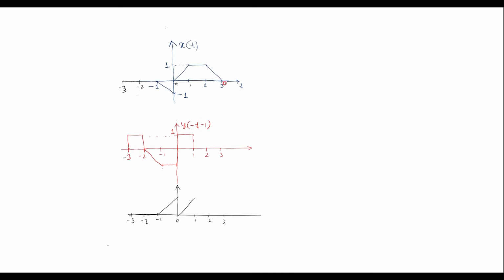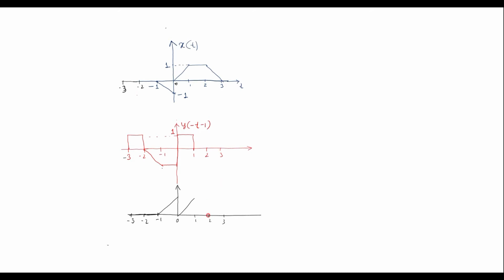Now from 1 to 3, 1 to 2, there is a step signal here. Here 1 to 2, the value is 0. When this signal is multiplied with 1 to 2, here it is 0, the resulting signal will be 0. Similarly, in between 2 to 3, there is a ramp signal. Here in between 2 to 3, there is 0.